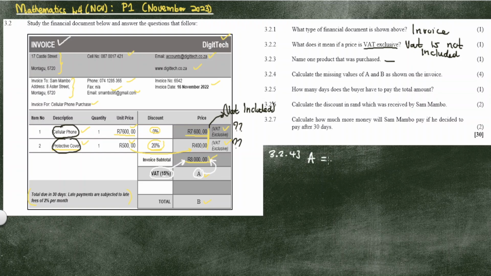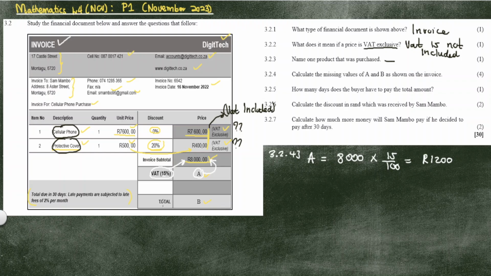Calculating A would be this: 8,000 multiplied by 15 over 100. So we want 15% of the 8,000. Let's check how much that is. So 8,000 times 15 over 100. I'm getting 1,200. So that is A.